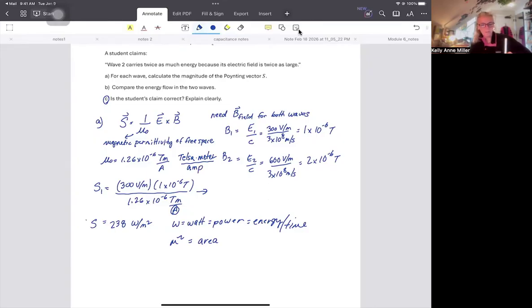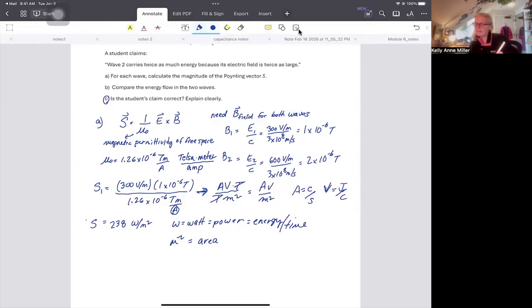So from a dimensional analysis, the top is amp times volt times Tesla, and on the bottom we've got Tesla and meter squared. The Tesla cancel, and we're left with amps times volts over meters squared. What's an amp? An amp is a coulomb per second, remember from current. And a volt is a joule per coulomb. Remember the definition of a volt.